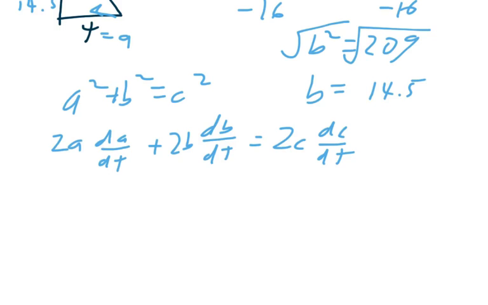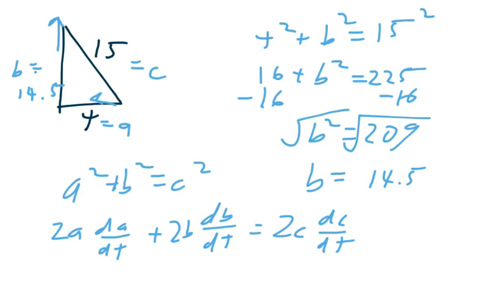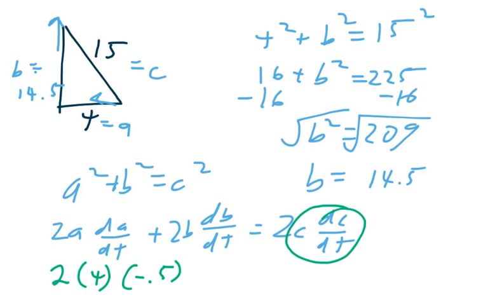Now in this problem, since the hypotenuse is a 15-foot ladder, this is 0. So we got 2 times a, which is 4, times dA dt, which is negative 0.5, because a is getting smaller, that's why dA dt is negative, plus 2 times 14.5 dB dt equals 0.